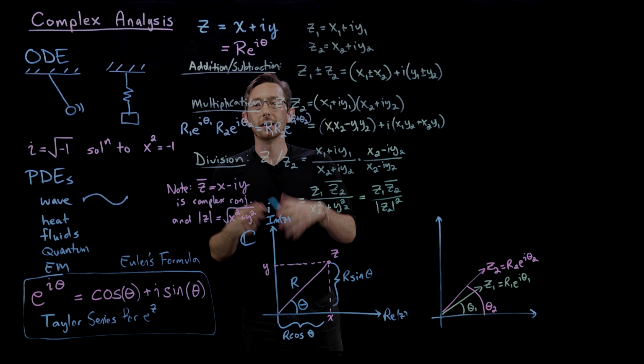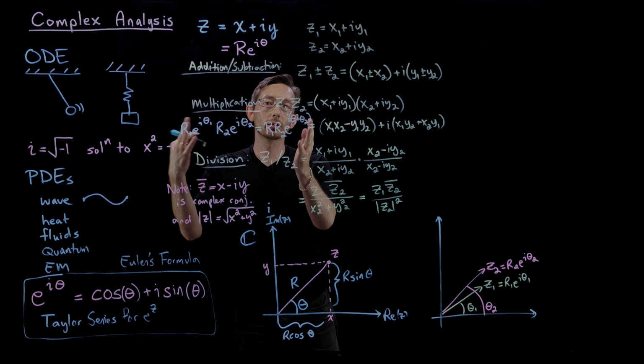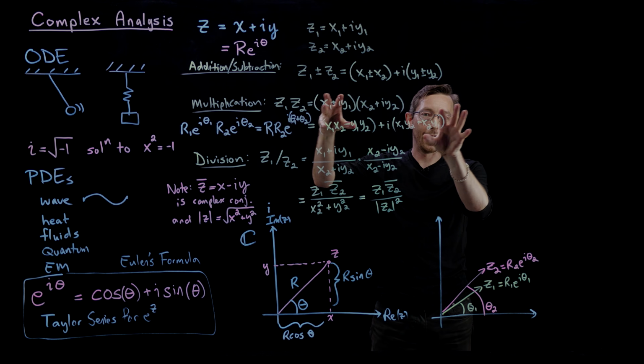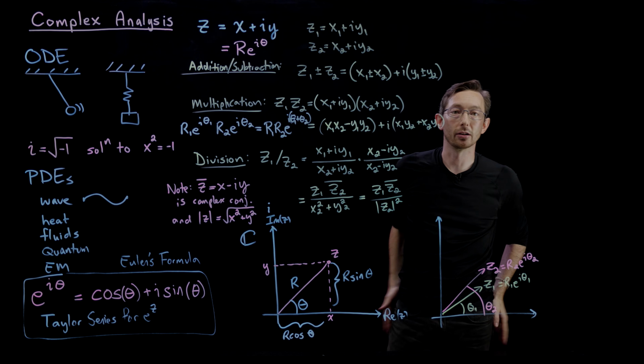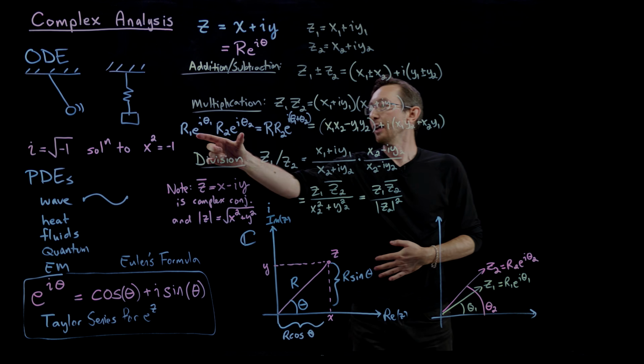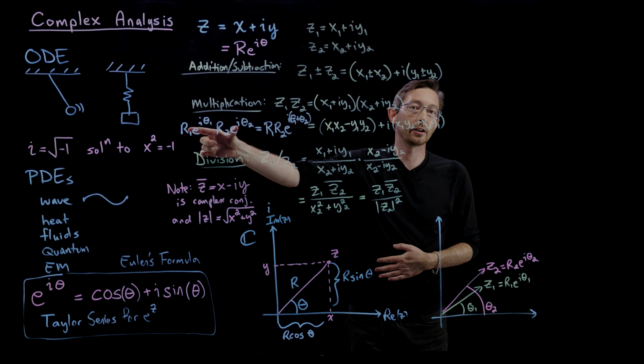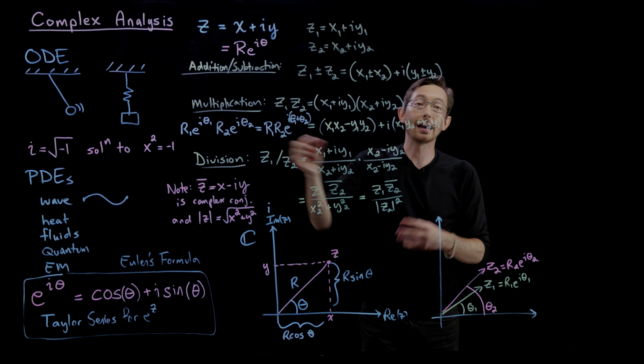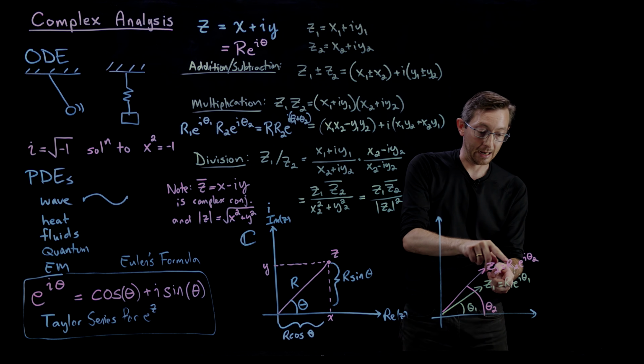What's really neat is that in polar coordinates, instead of multiplying this all out and collecting the real and imaginary parts, which gets to be a pain, if I multiply two complex variables that are already written in polar coordinates, then their radii multiply, r1 times r2.